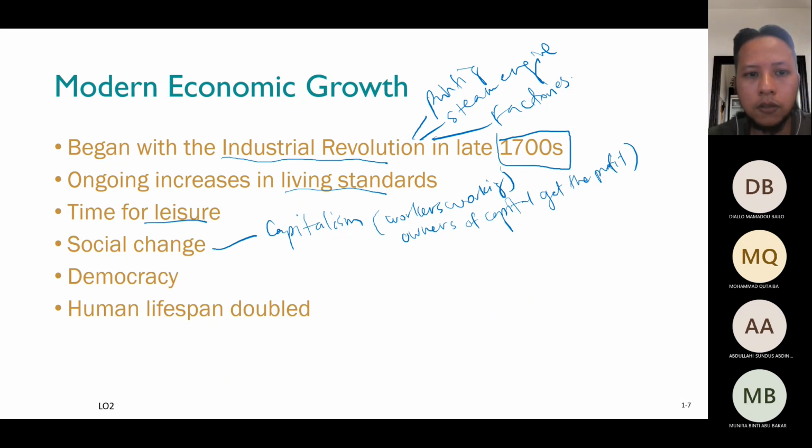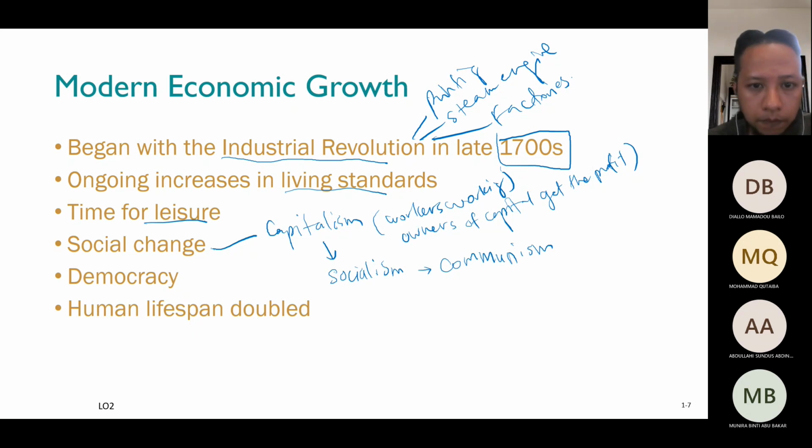And then because of this, we saw another social change that happened, right? And because the workers were dissatisfied with what happened, then we saw the evolution of socialism. Okay? Now we want to see that the workers get their fair share of the profit. Okay, and a more extreme version in terms of communism, where the state takes over the capital.